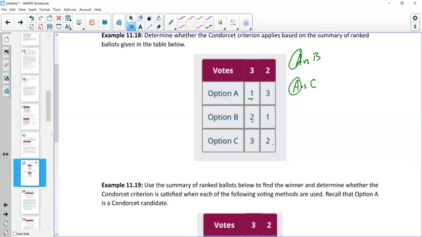So A is preferred by more people than B or C. So A is a Condorcet winner. A Condorcet candidate. And it's also a majority candidate.